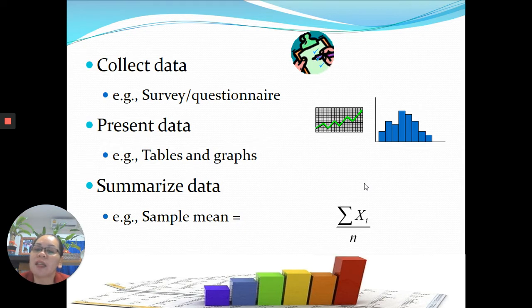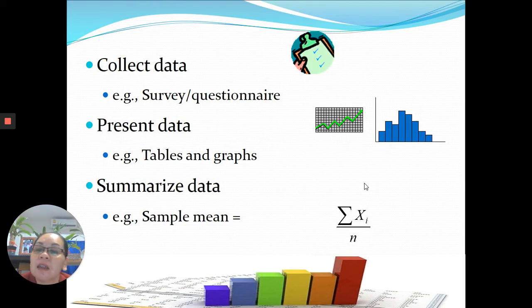We present data using tables and graphs, and we summarize data through the use of the sample mean, or you can also use the mean or other measures of central tendency.